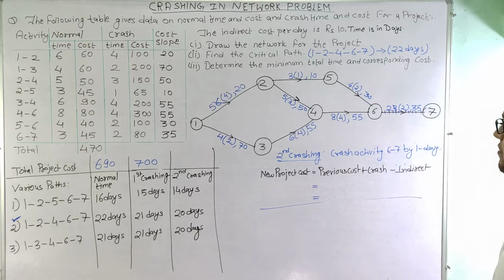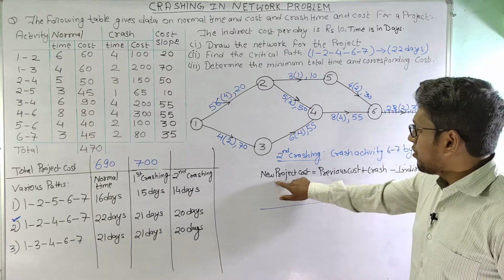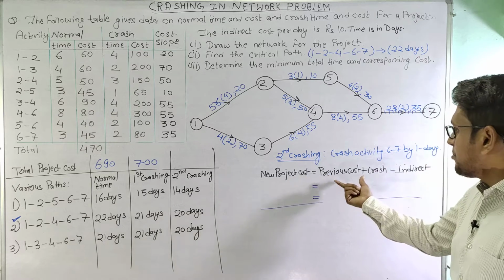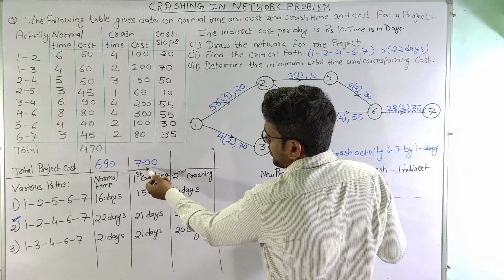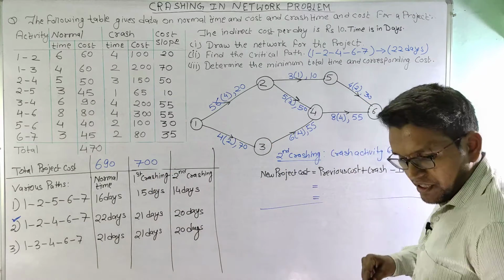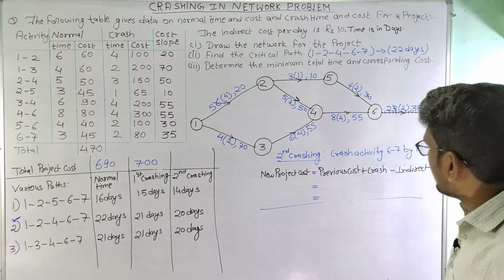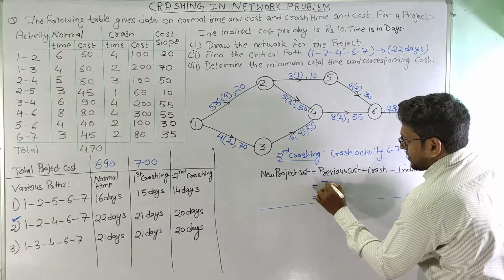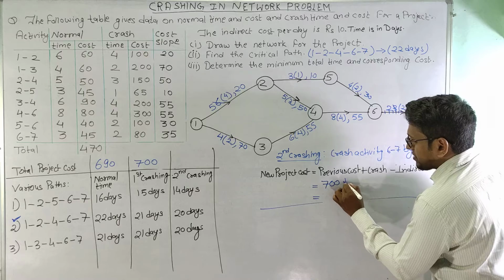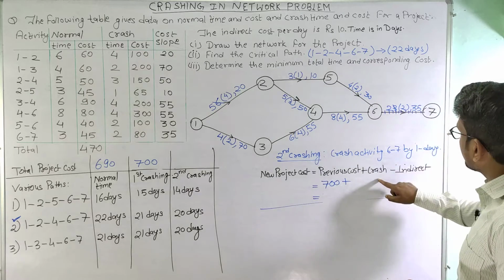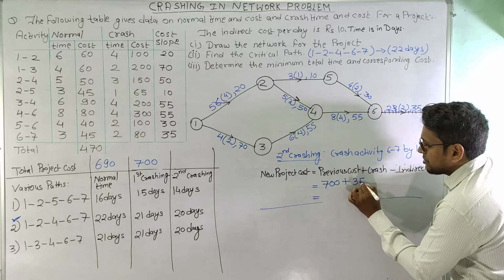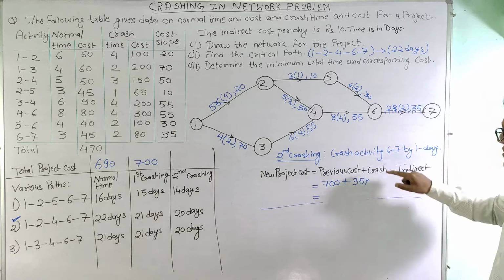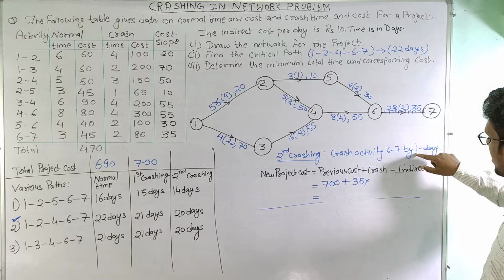And now we will calculate the new project cost. The new project cost is the previous cost, that is the cost we calculated after the first crashing, which is 700, plus the crash cost, and we can see here the slope is 35. So this will be 35 multiplied by the number of days, and activity 6, 7 is crashed by only 1 day.